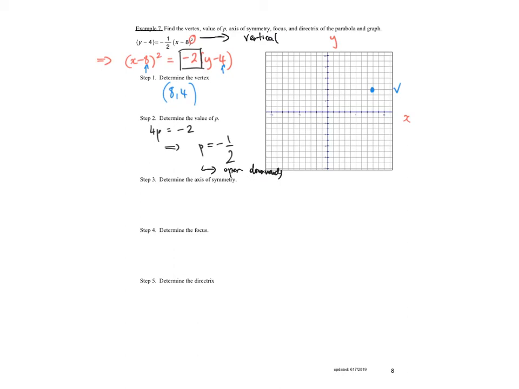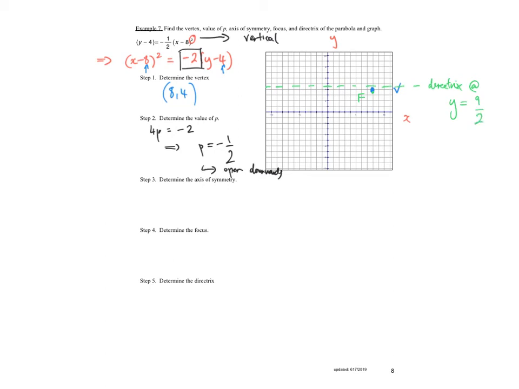So to find our focus and our directrix, we should move half a unit above and below the vertex. So because we want to open downwards, the focus will be half a unit vertically below the vertex, and the directrix will be half a unit vertically above the vertex. So that is a directrix at y equals 9/2.